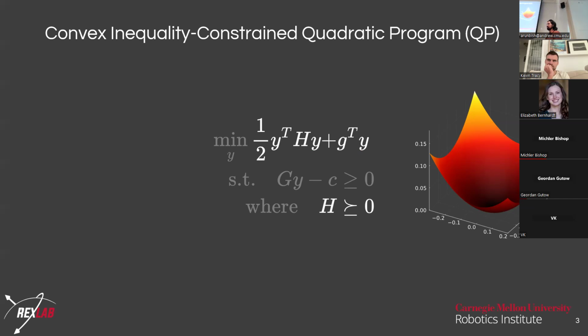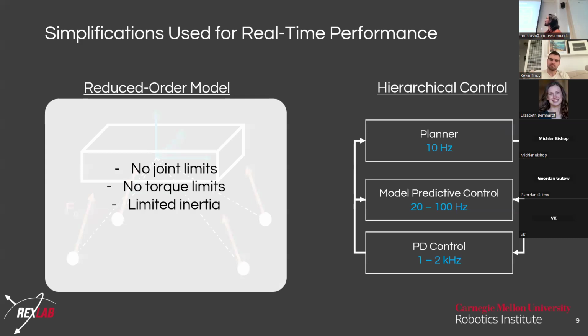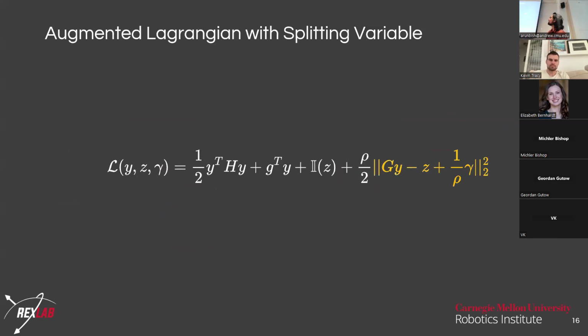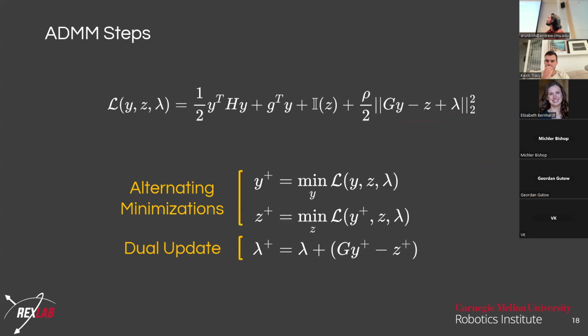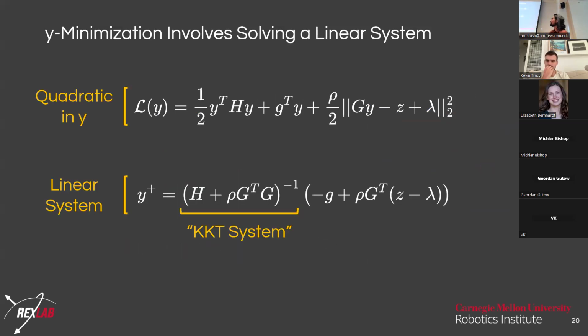I was just wondering, more than that, will this always be positive definite? And if not, what do you want to do? You're going to have to regularize it, or what? Yeah, so there are a couple of differences. If I go all the way to the ADMM, where is the KKT system? This KKT system, right? If H is positive definite by construction, this whole thing will be positive definite. If it's not, the way that we currently handle it is we add a very small regularizer.